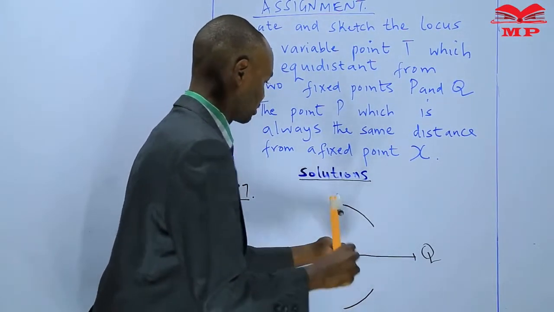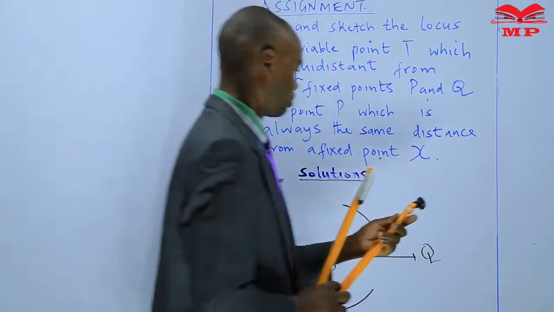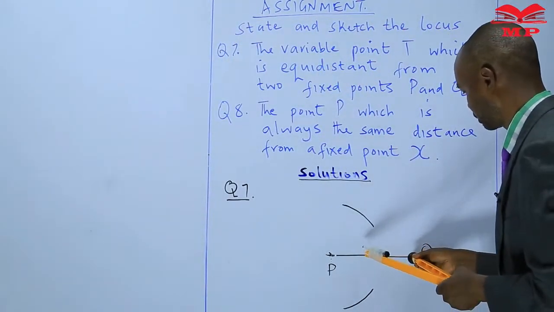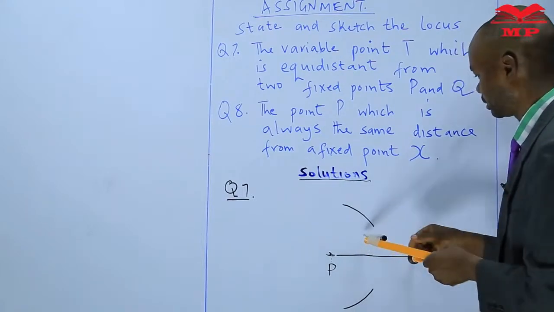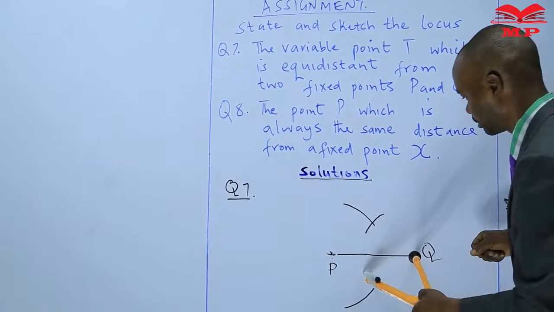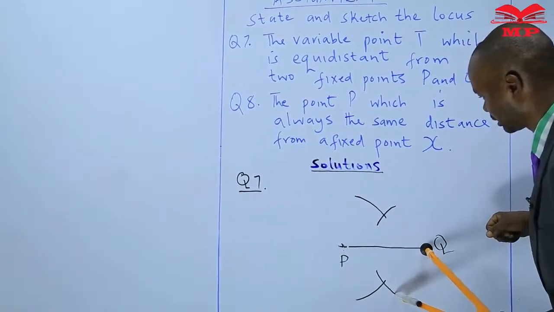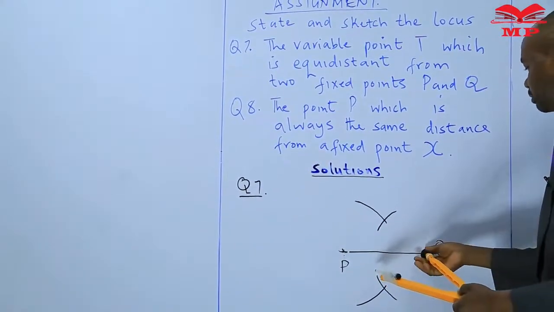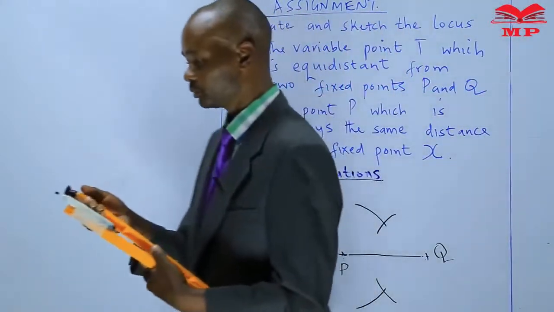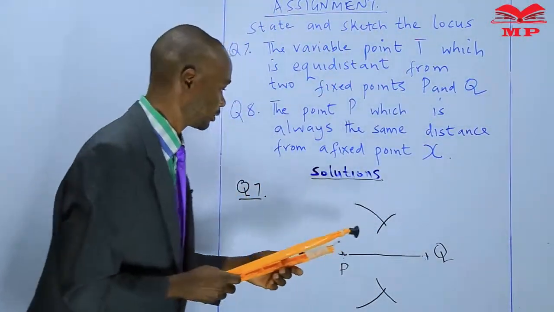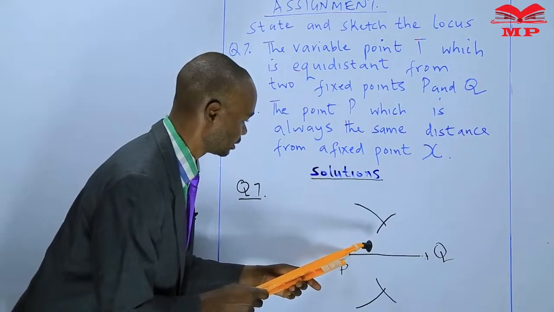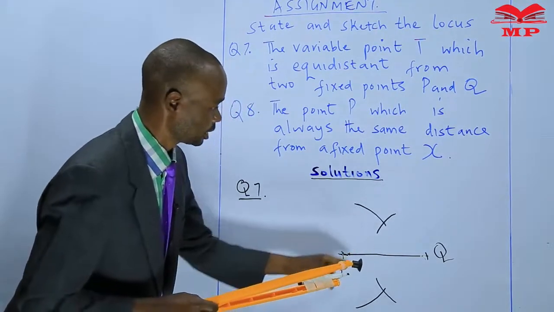Remove it at P, move to Q, and using the same distance, strike an arc above and below. Then remove that. You realize this was rubbed a bit, so that was just the point P and Q.